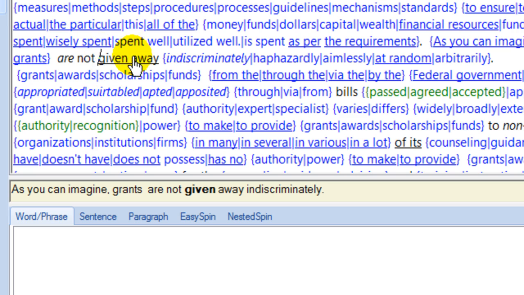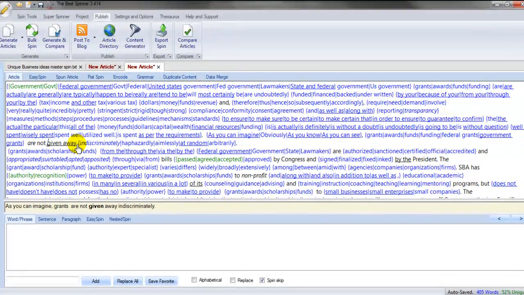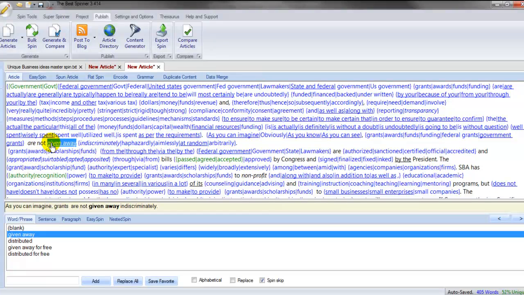So if you were to find a synonym for "given away," this is the way you would do it. You would highlight "given away," and you will see words or phrases that relate to it: distributed.